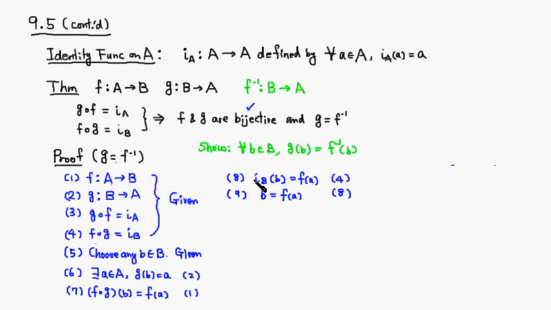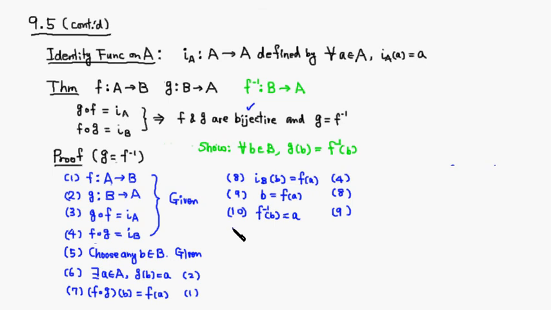Using the definition of identity function, it doesn't change anything, so you get b is equal to f of a. And line 10. Using the definition of inverse function, if f of a is equal to b, then f inverse of b is equal to a.